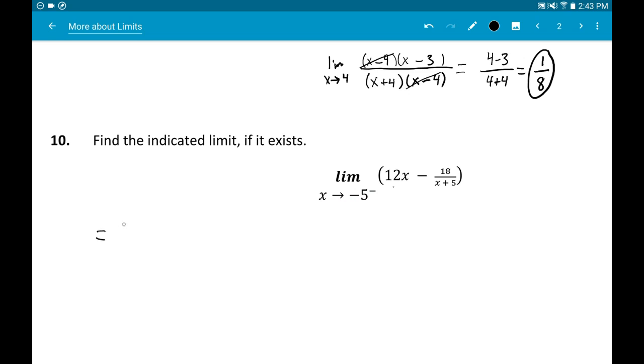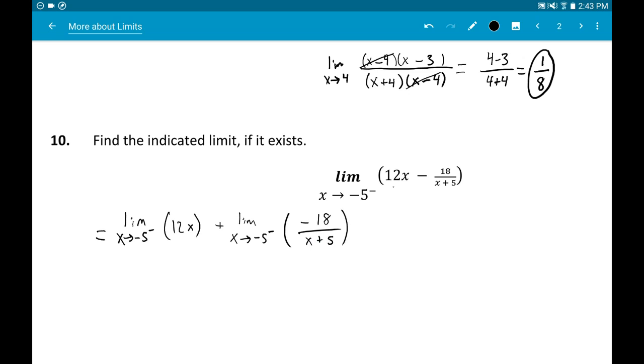In other words, we could say the limit as x approaches negative 5 from the left for 12x plus the limit as x approaches negative 5 from the left of negative 18 over x plus 5.